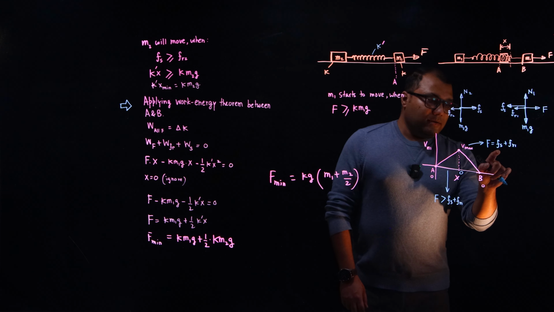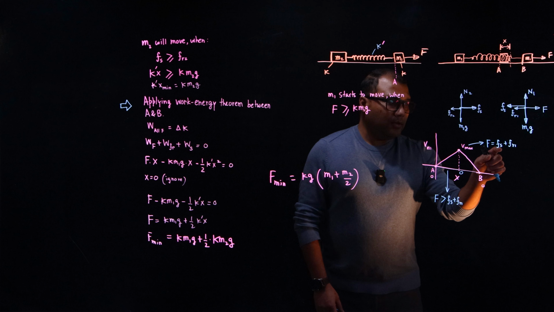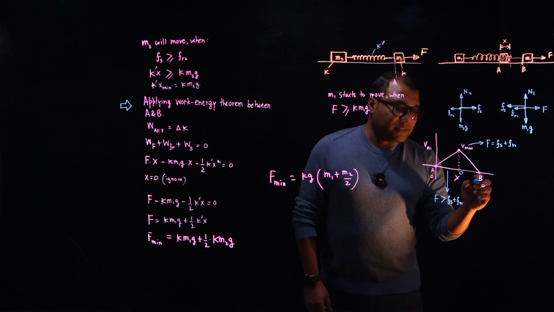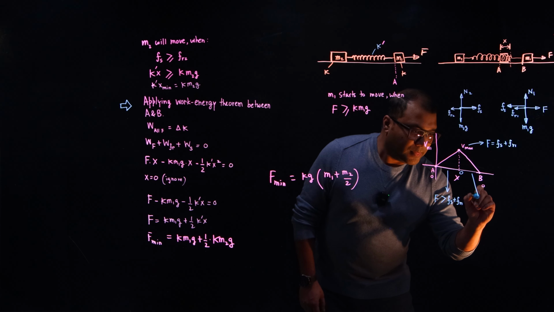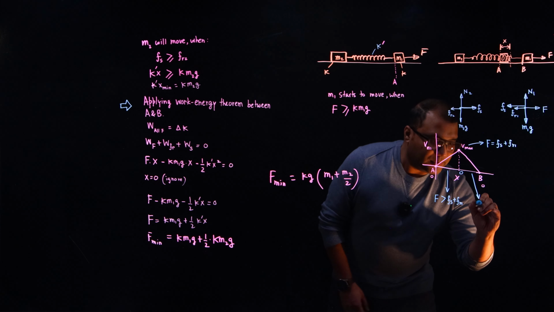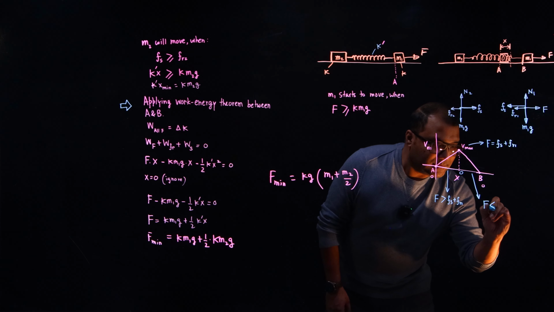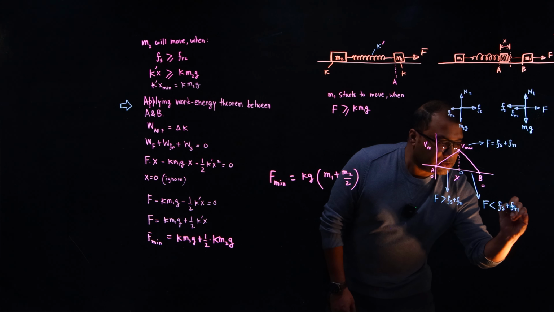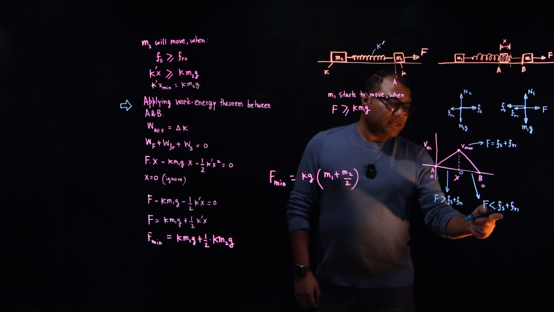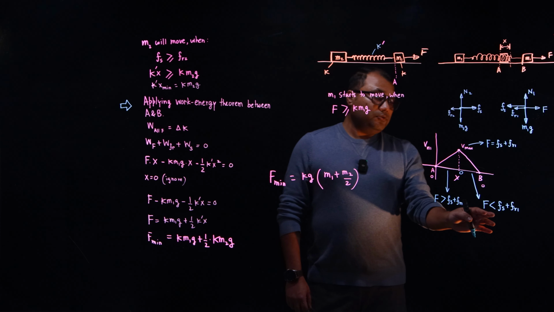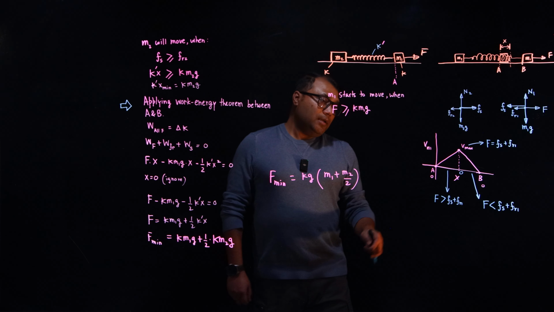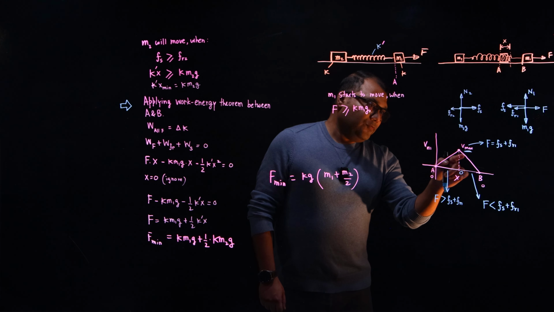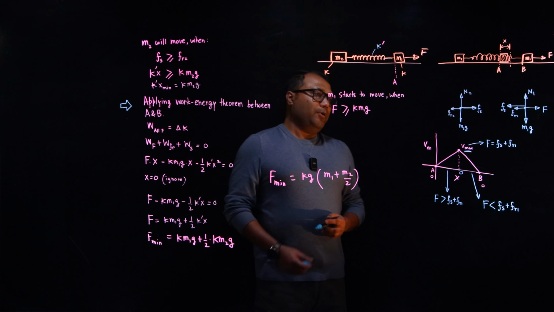So at this point, Fs has grown so that Fs plus the friction force exactly matches this F. Now post that, F is less than the spring force plus the friction force, because Fs has grown more. So at some point, whatever velocity was reached, it will decelerate to 0 at point B.